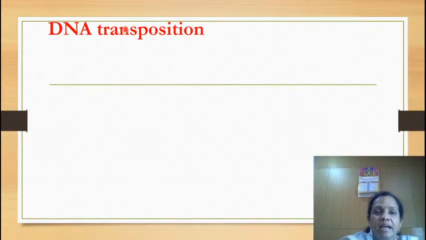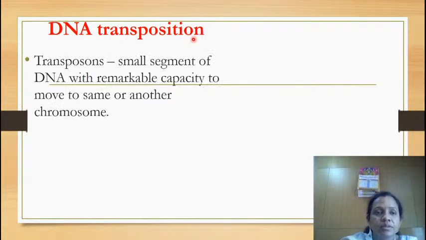Next, DNA transposition. The transposons are small segments of DNA with a remarkable capacity to move to the same or another chromosome. They are called transposons. They have the capacity to move around, that is, they can get incorporated into any DNA, either the same DNA or another chromosome.